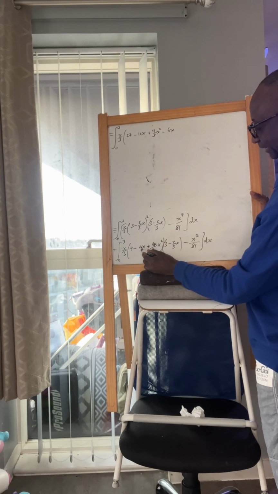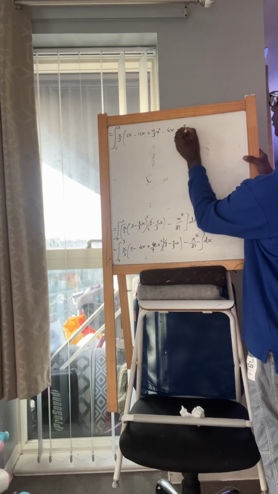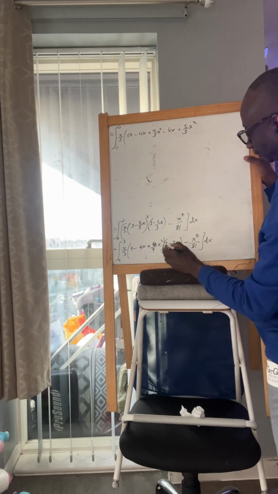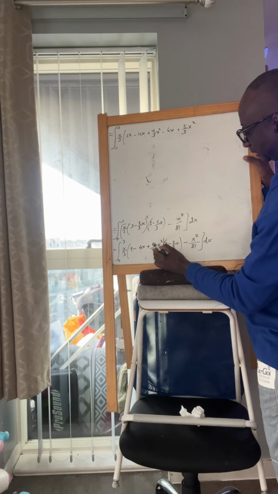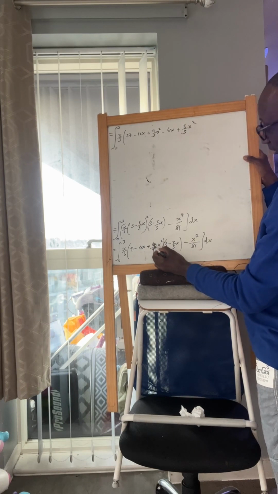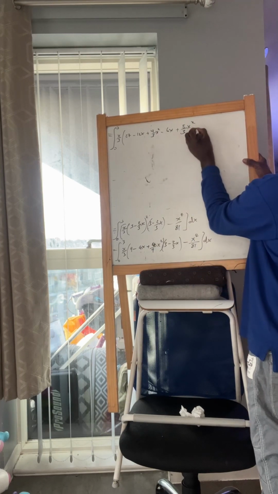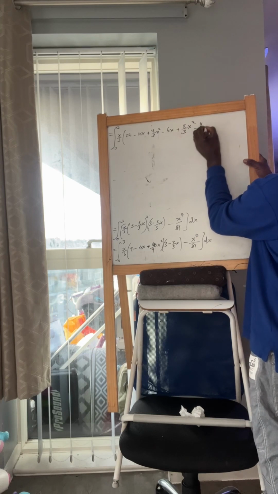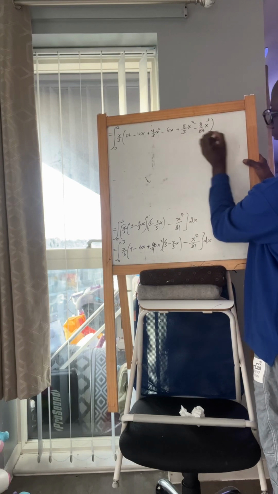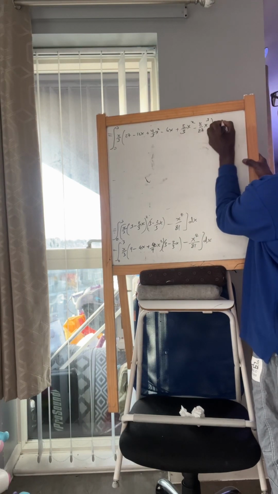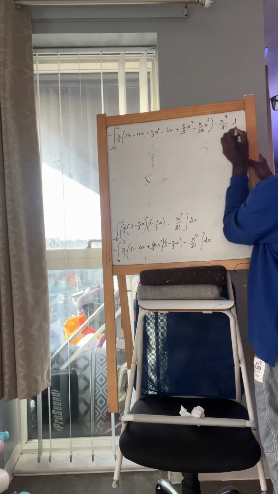So plus 8 all over 3x squared. Last one. Minus 2 all over 3x times this. So it's going to be minus 8 all over 27x cubed. Minus x to the power of 4 all over 81 dx.